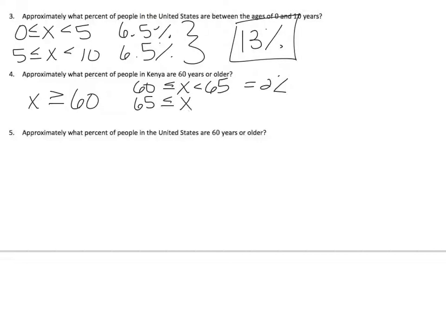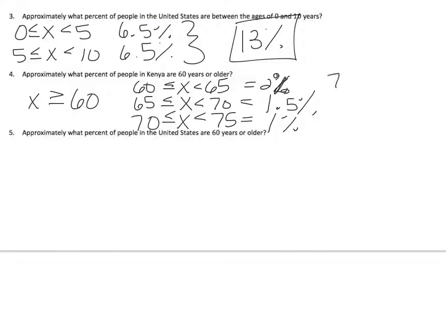65 to 70, I'm going to guess at, I don't know, 1.5%. And then we're still going. 70 to 75, about 1%.